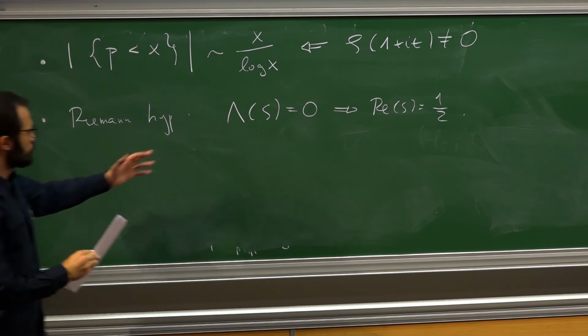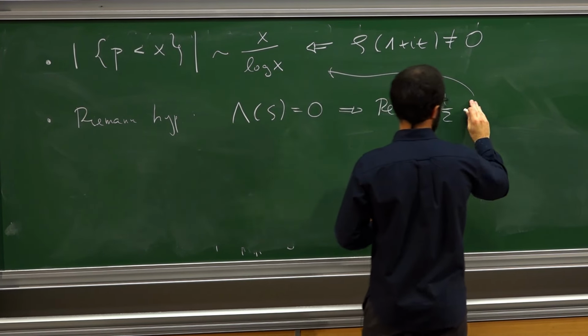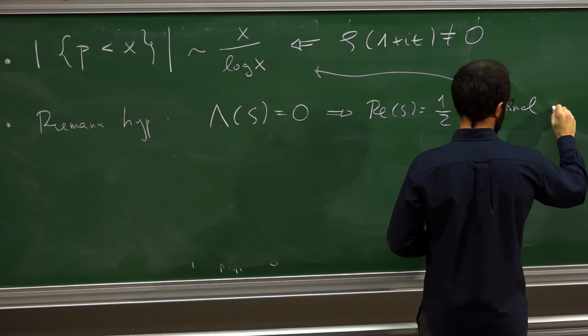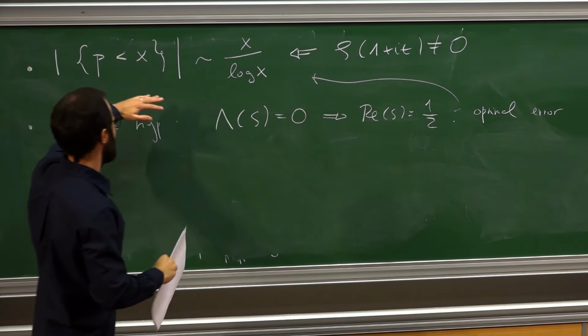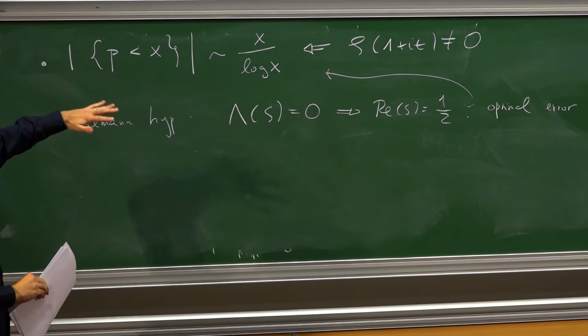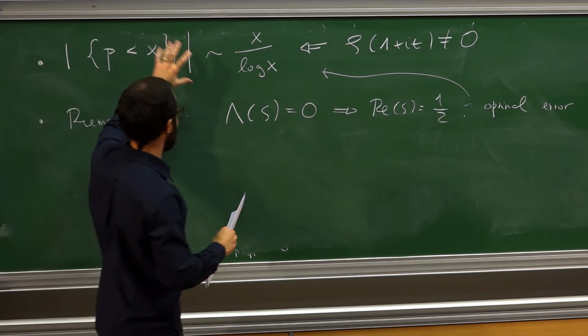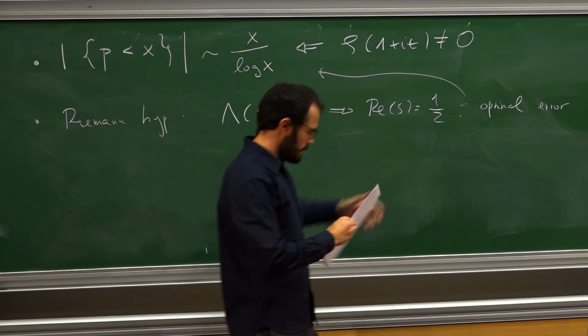And if this were true, then this would imply a kind of optimal size of the error for this. So this is called the prime number theorem, but I won't write it because I write kind of slowly. So yeah, the optimal error term in the prime number theorem is equivalent to the Riemann hypothesis.